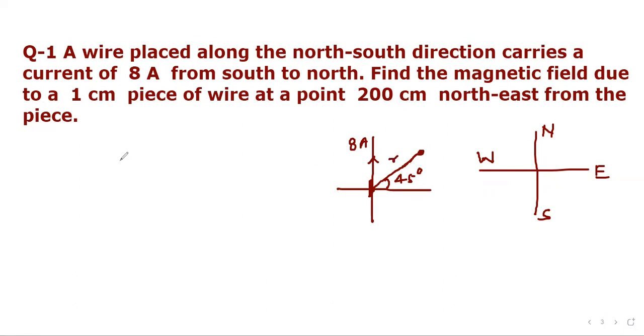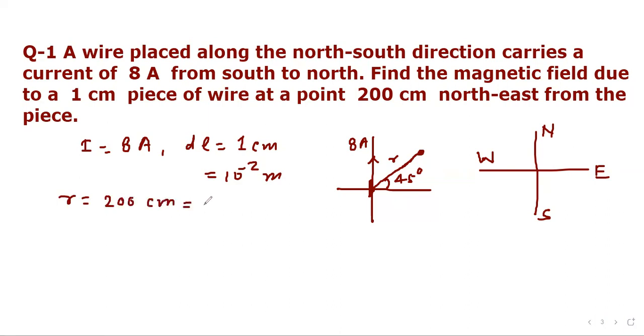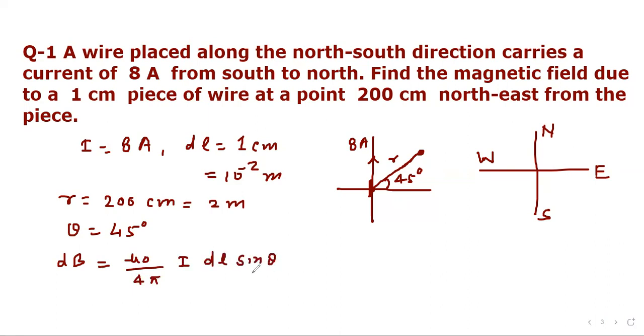So we write the parameters. So here I equal to 8 ampere, dl equal to 1 cm, that is 10 to the power minus 2 meter, and r equal to 200 cm, which is equal to 2 meter, and theta equal to 45 degree. So if we apply the formula, dB equal to mu naught upon 4 pi I dl sine theta divided by r square, and we put the values.